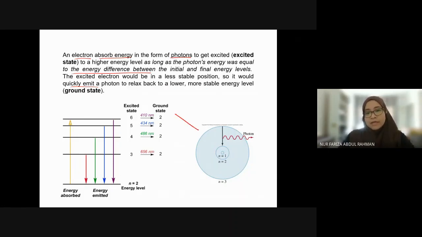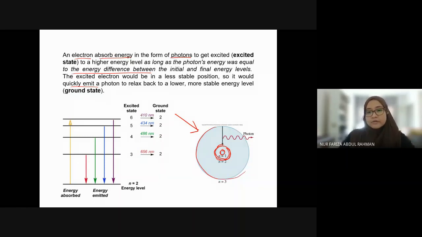Maybe you can refer to this diagram that we have here. This is the nucleus. This is the shell or the orbit that Bohr mentioned just now. This is n equal to 1, and then this is n equal to 2. The nucleus is at the center of the atom. For example, this is n1, this is n2, and this is n3.